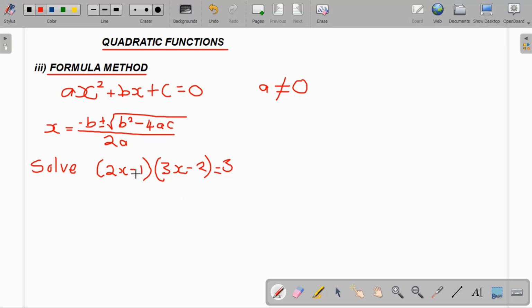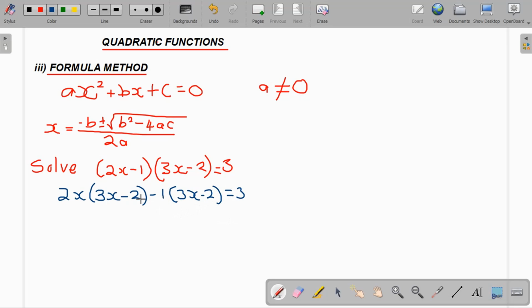We continue to expand like this: 2x will be multiplied by everything in the other bracket, so 2x open bracket 3x minus 2 close bracket, and then minus 1 open bracket, multiplied with the same 3x minus 2, close bracket, is equal to 3. That is what we have been given.